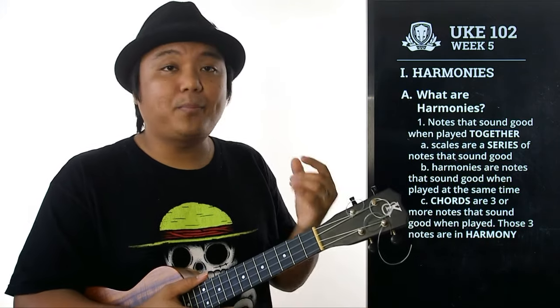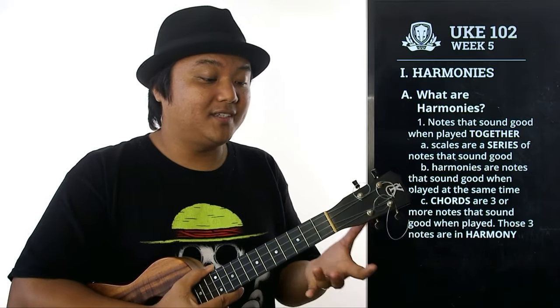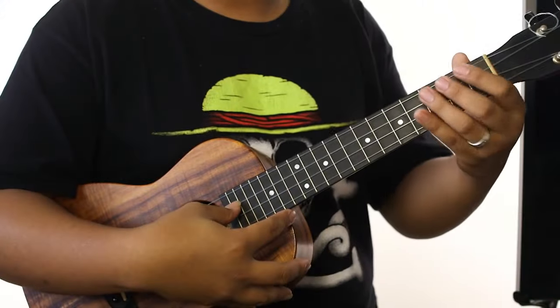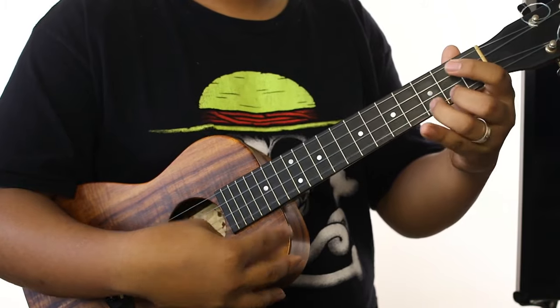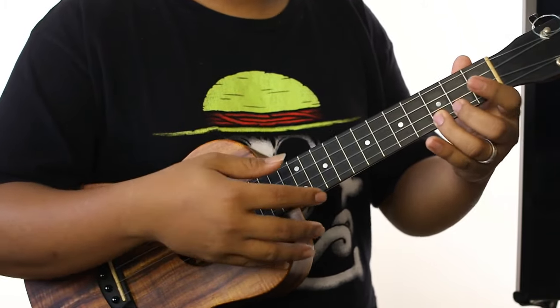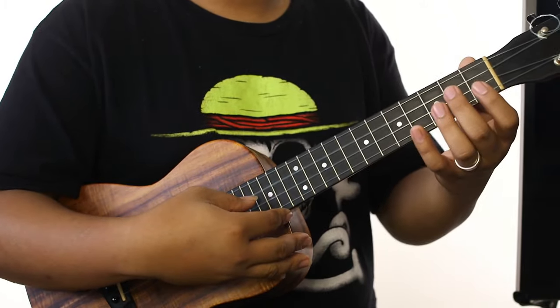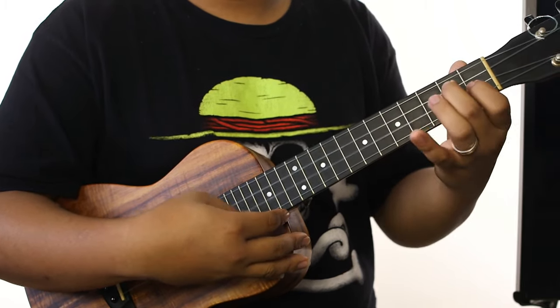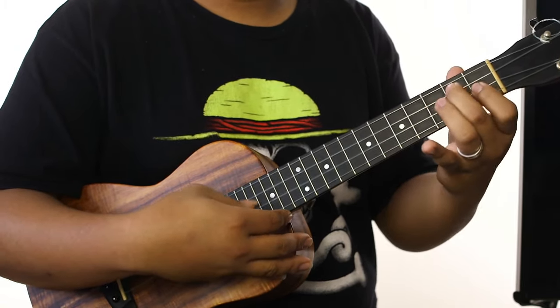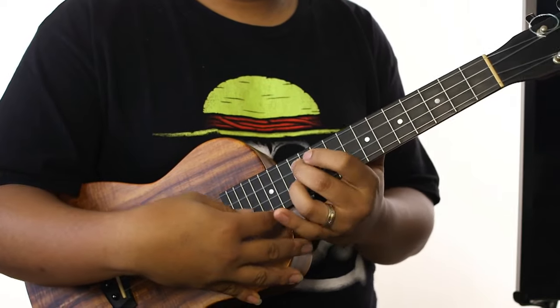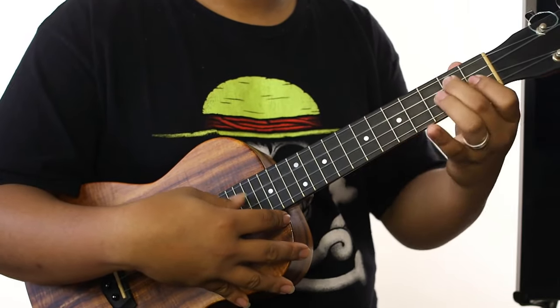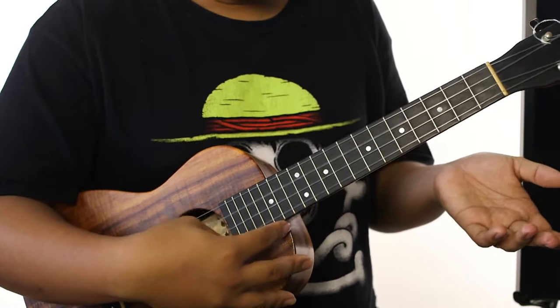Notes that sound good when played together. Whereas a scale is a series of notes in a sequence, a harmony is more than one note, which, when played together, sounds good. So that's the scale and harmony.